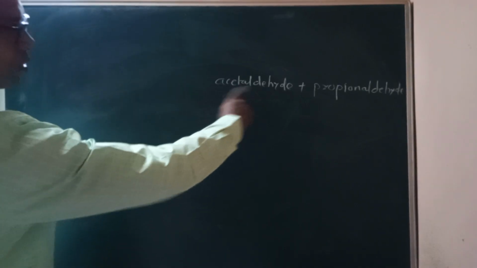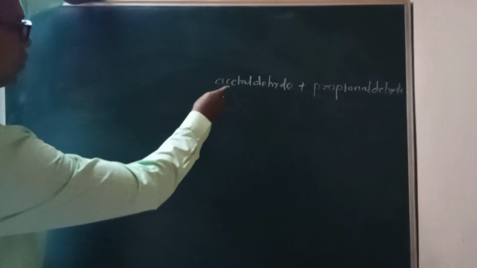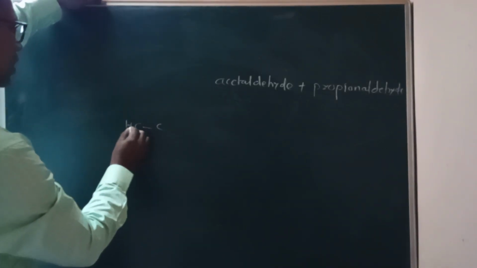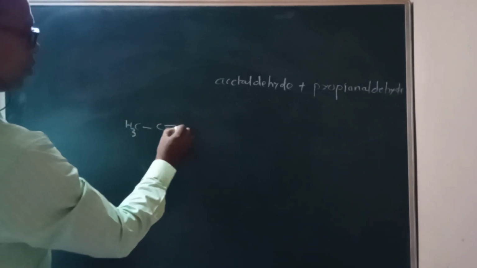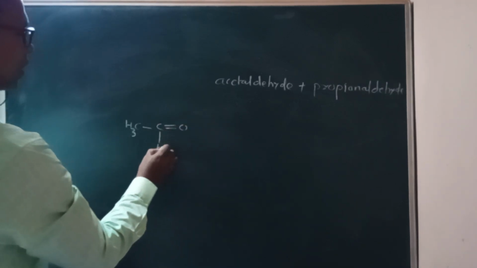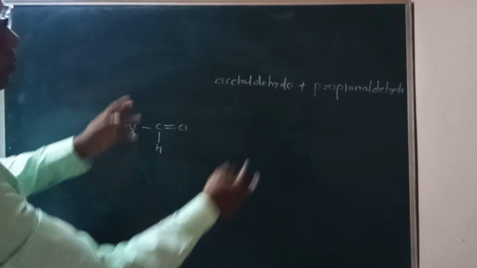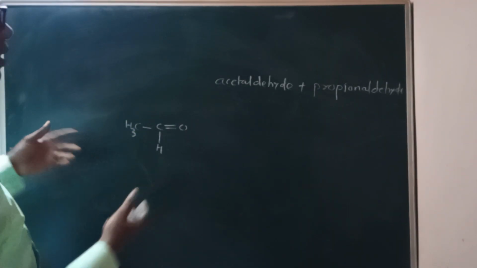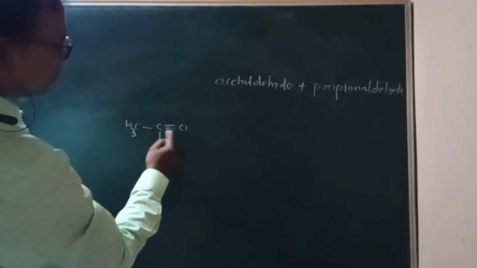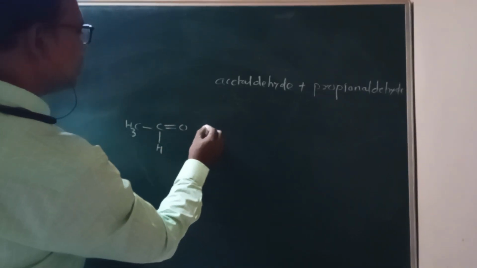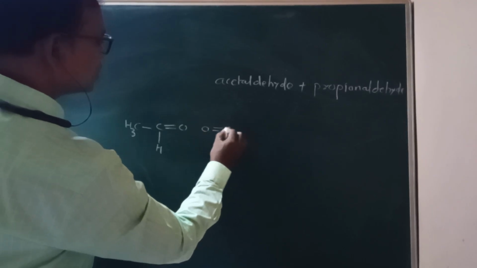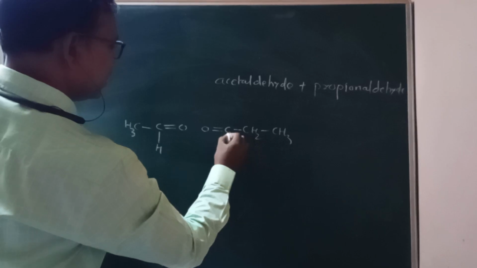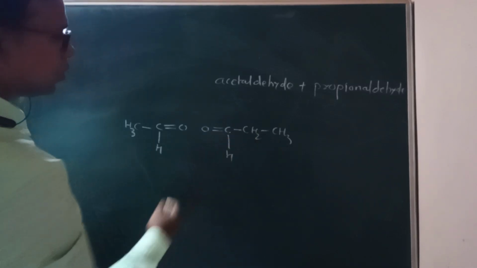First of all, you have to draw the structure of these two compounds. One is acetaldehyde, so that is CH3, then C double bond O, and then H. You put the carbonyl groups of both the aldehydes, or even a ketone, if a ketone is there, in front of each other, so the oxygen atoms must be facing each other. So double bond C, then CH2, and then CH3, and here is an H. So it's propionaldehyde.